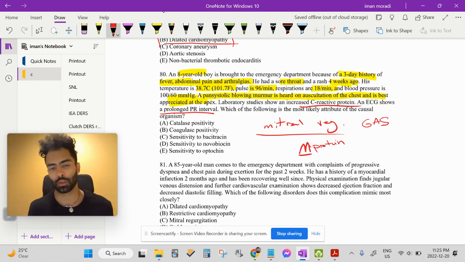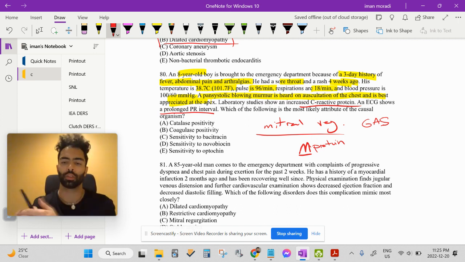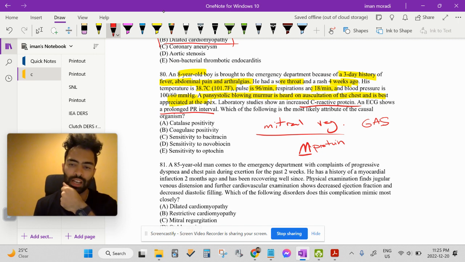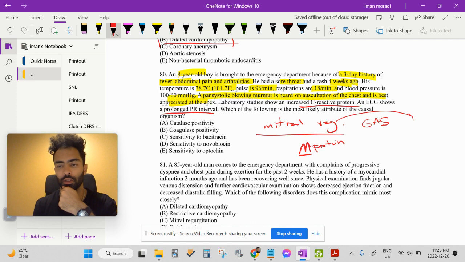So when the immune system mounts a response against the M protein, it also cross-reacts with the mitral valve and can cause valve problems. The problem starts as a regurgitation, but later in life this person will develop mitral stenosis.